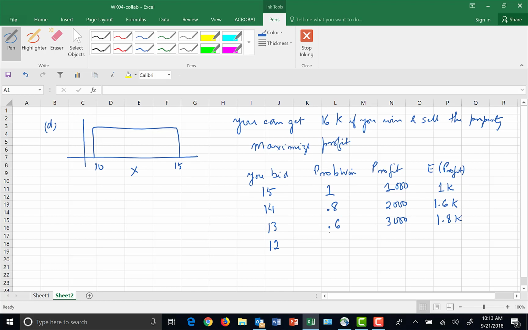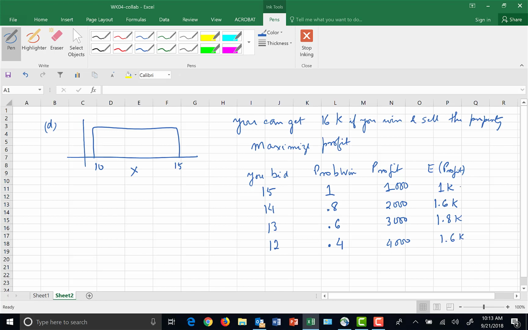In part A we calculated that if I bid $12,000, the likelihood that I win is 0.4, but then I could turn around and sell it for a $4,000 profit. So the expected profit is 4,000 times 0.4, which is $1,600.